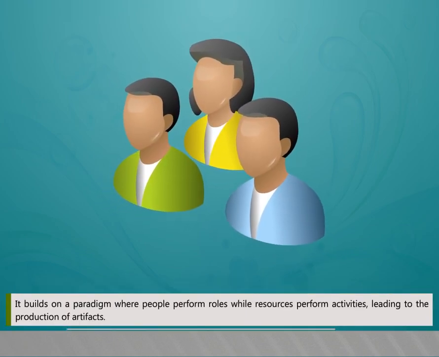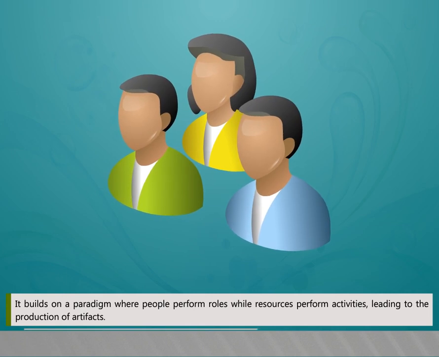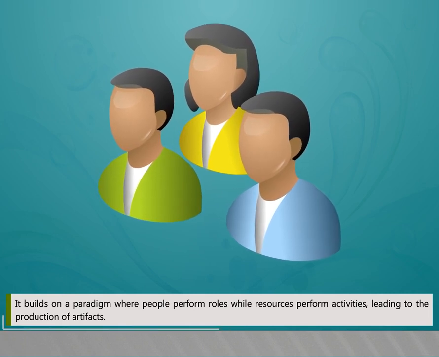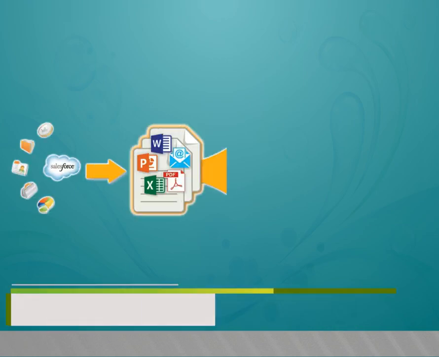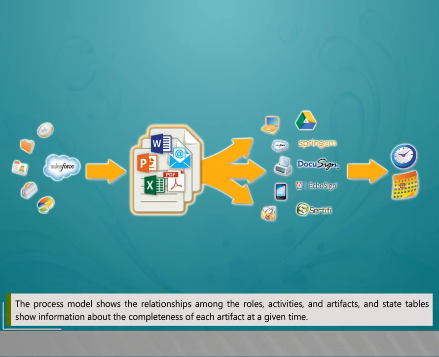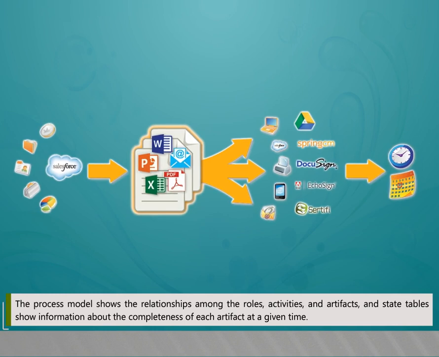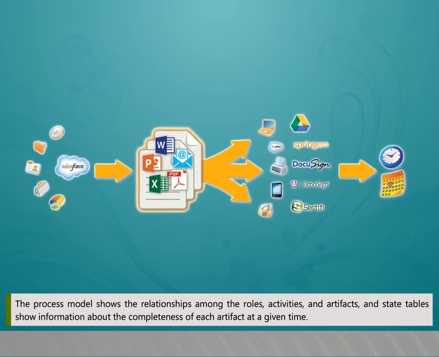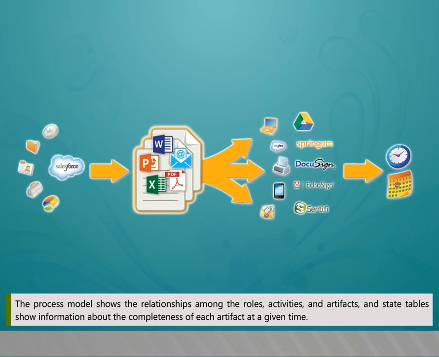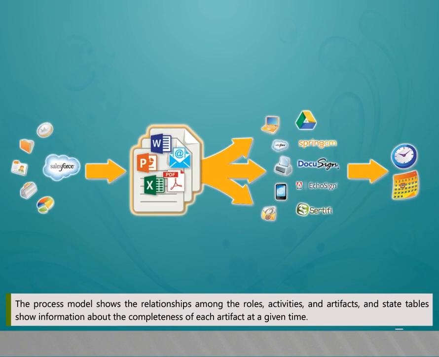It builds on a paradigm where people perform roles while resources perform activities, leading to the production of artifacts. The process model shows the relationships among the roles, activities, and artifacts, and state tables show information about the completeness of each artifact at a given time.